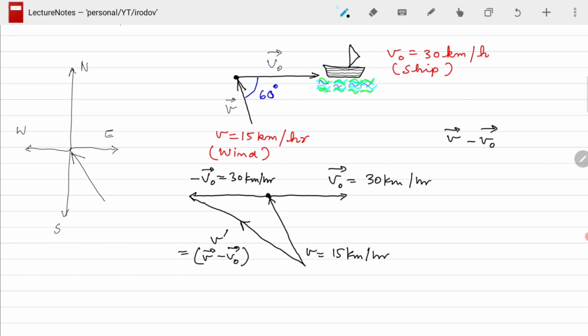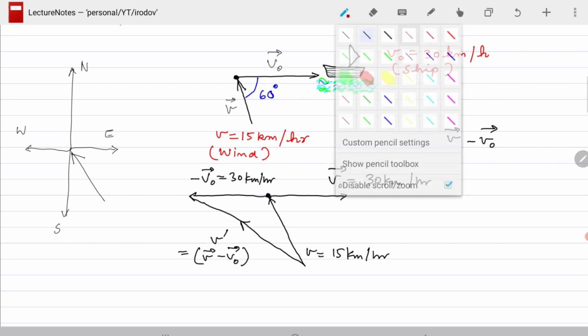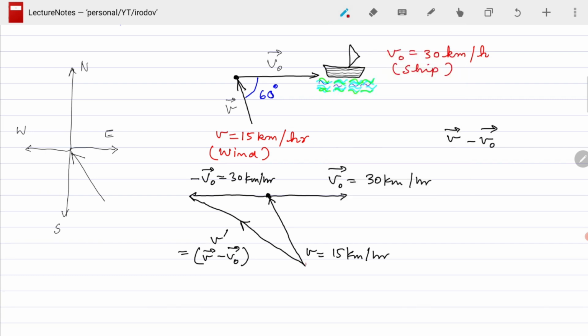This is the relative velocity vector, and we have to find it. Let me construct another imaginary line here, because I want to make a right angle triangle.